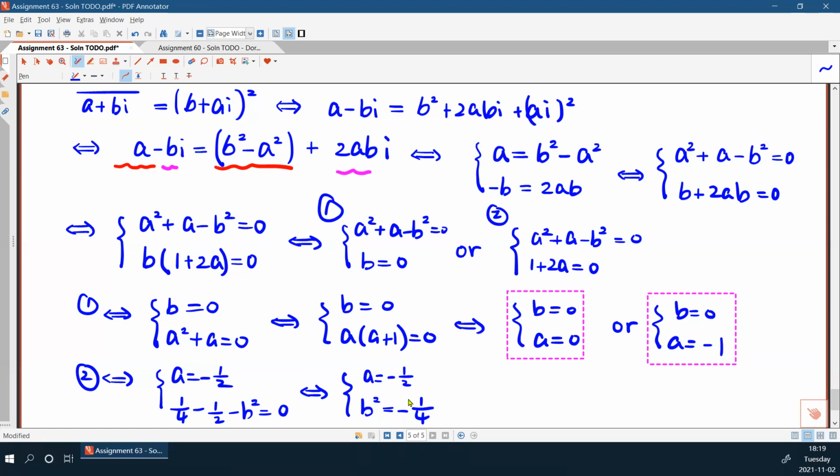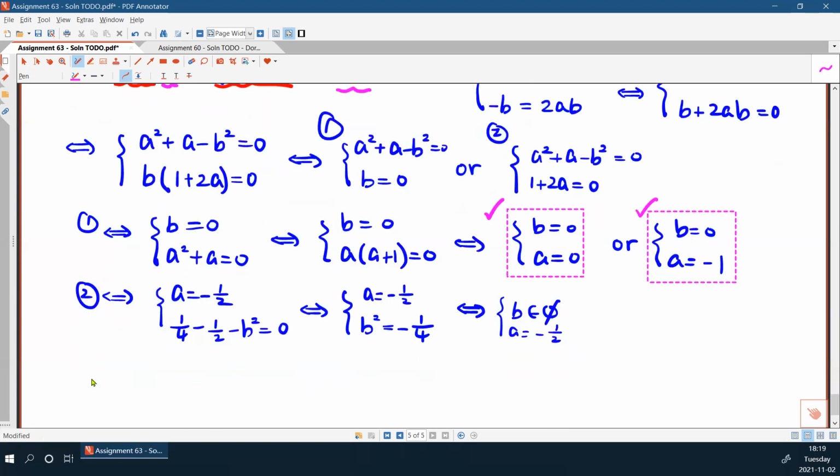It cannot be negative 1/4, right? So in this case, there is no solution for b. That means b belongs to the empty set when a is minus 1/2, right? So the only possible solutions are in the first system.